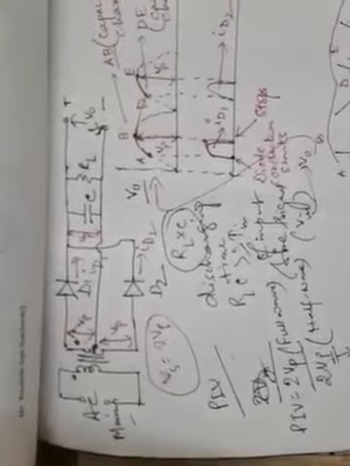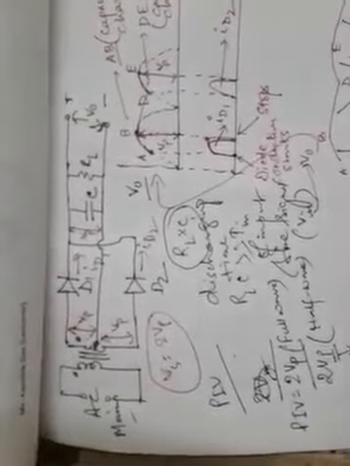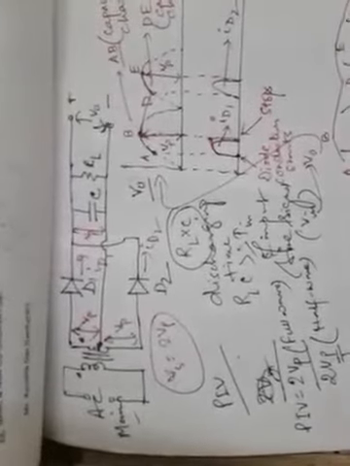This is the difference. So we can say that when a filter is used, the PIV is increased for a half wave rectifier, but it remains the same for a full wave rectifier.